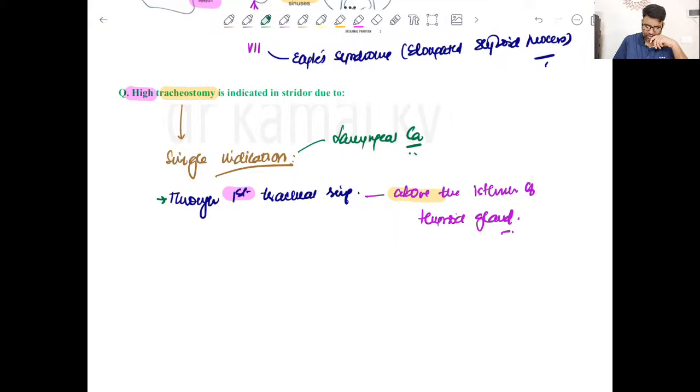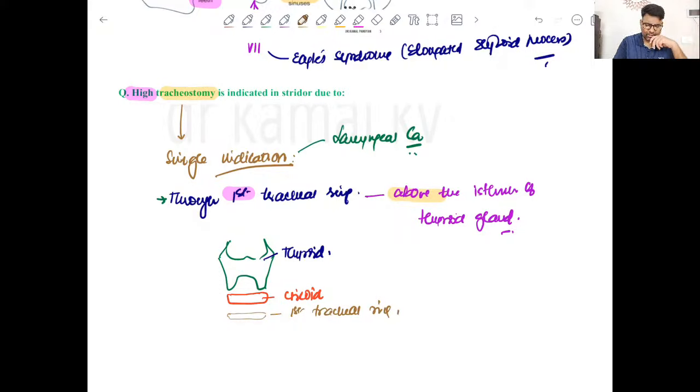So suppose this is thyroid cartilage, something like this. Below thyroid we have the cricoid, right? So this is cricoid cartilage here. And below cricoid there are the tracheal rings. So suppose this is the first tracheal ring.